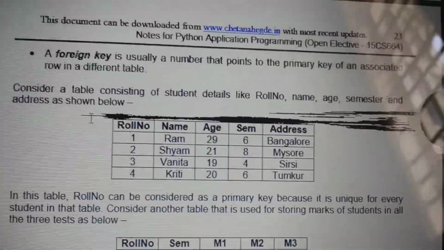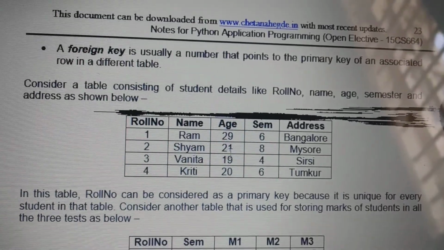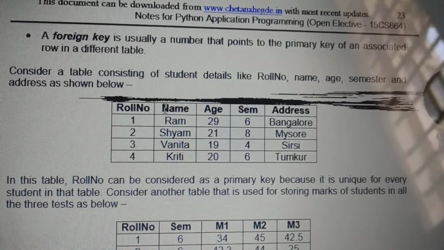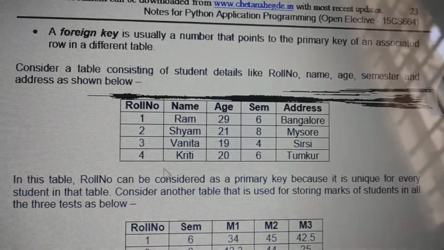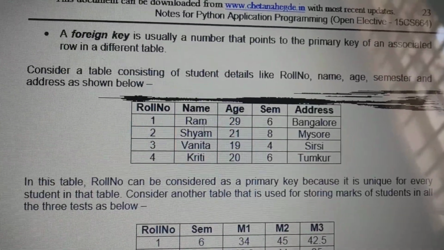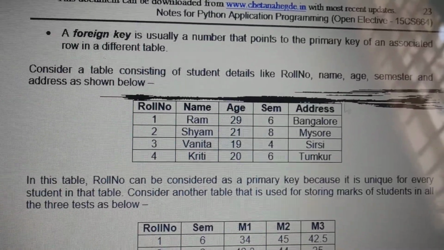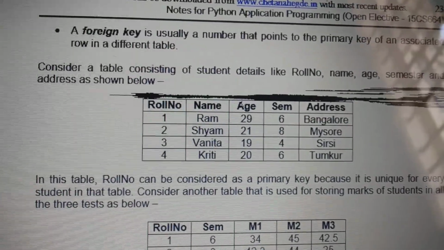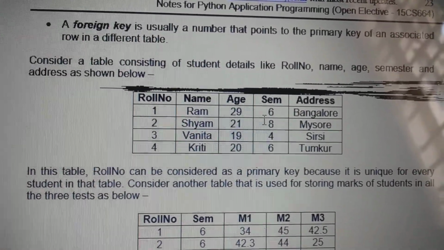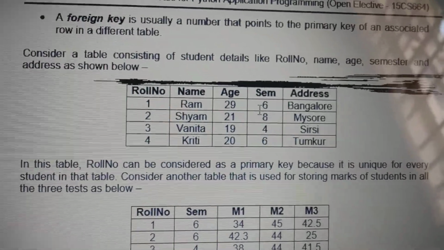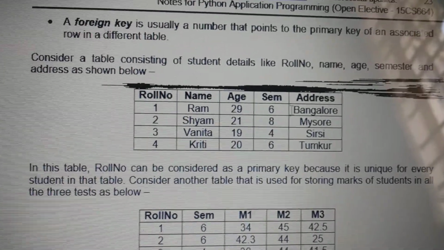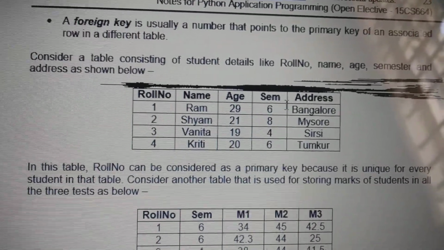See here, for example, this is one normal table, and these rows you can call logical keys. This table consists of logical keys. See here, this roll number and name, it is showing the 8th semester address, but this Ram, this particular roll number, can have some more data, like Ram's house address, semester-wise marks, assignment marks.